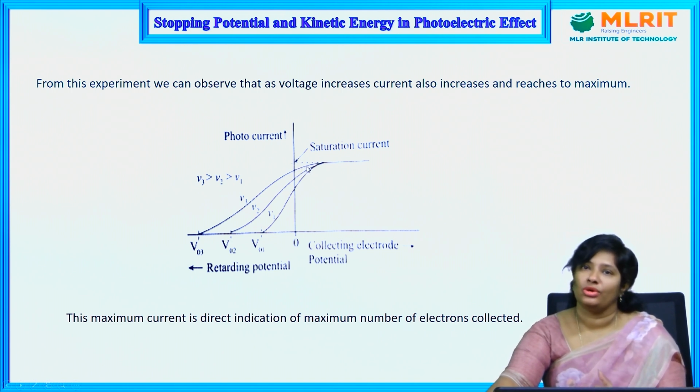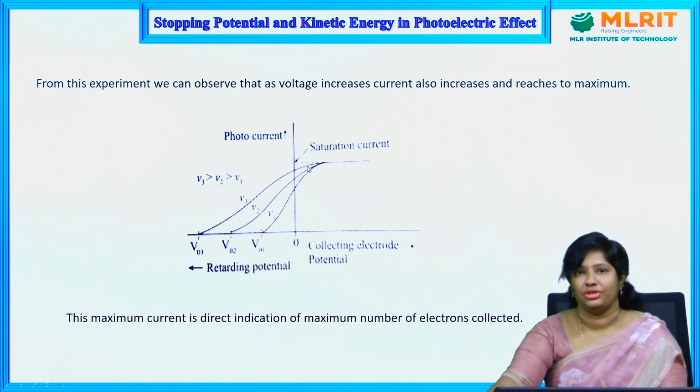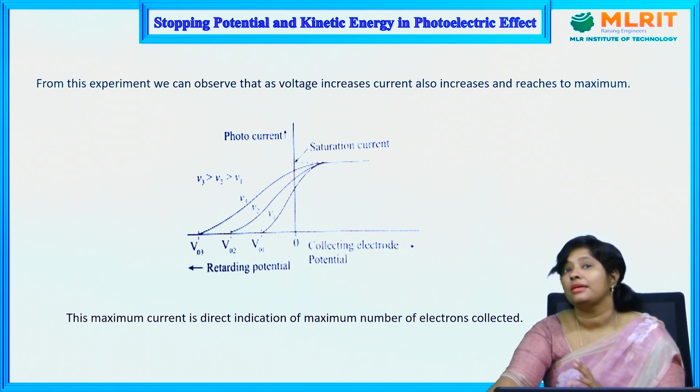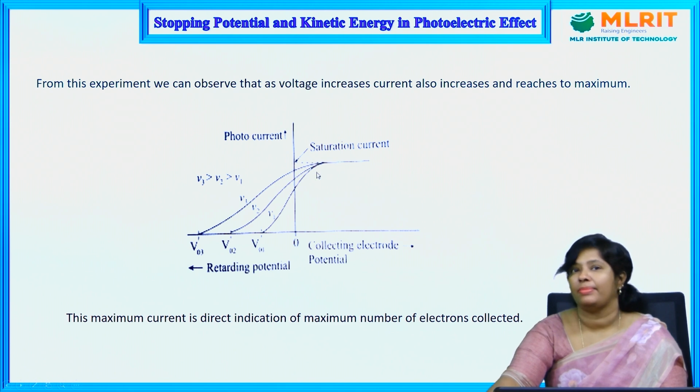The current slowly increases and reaches saturation at a certain voltage. This saturation current indicates the number of electrons collected by the collector per second. It gives us information about the maximum number of electrons collected by the collector per second.